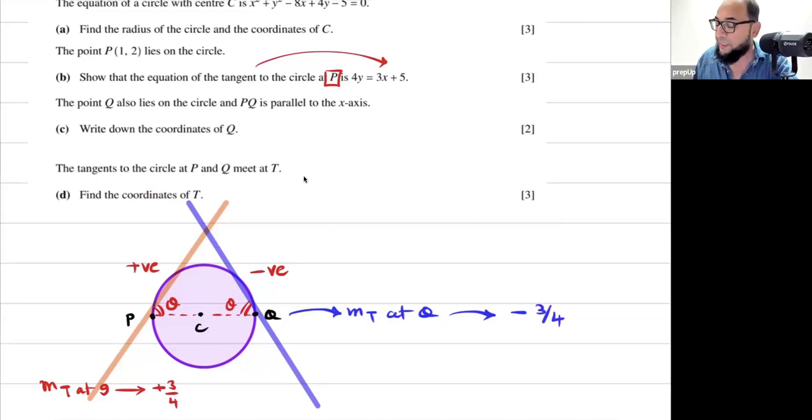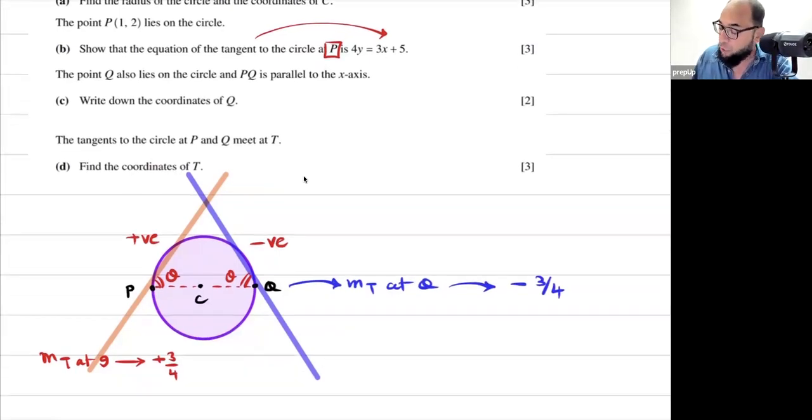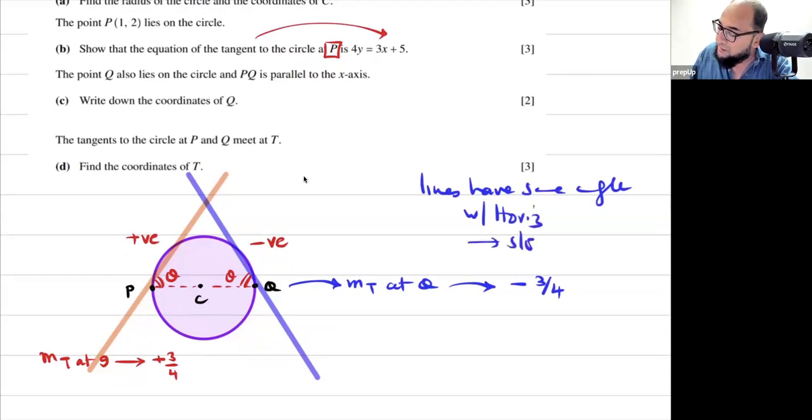It's not about perpendicularity. It's about the concept of slope. If lines have the same angle with the horizontal, then the slope is the same. But over here, one of them is positive, the other is negative, because one is going like this. We can see it for ourselves: this has a positive slope, this has a negative slope.